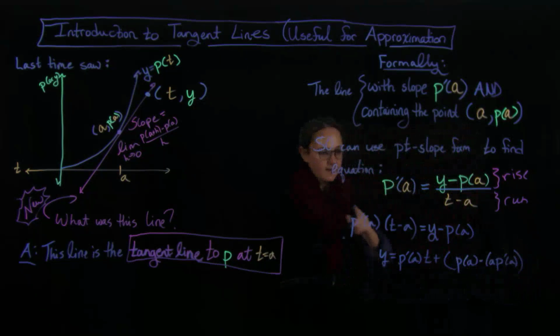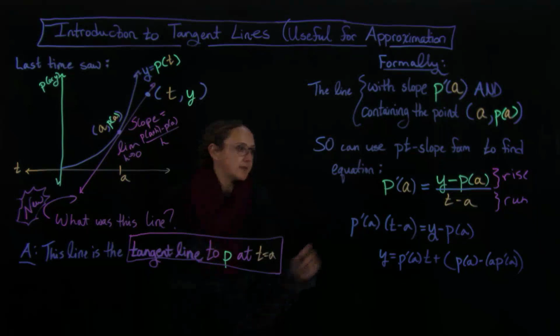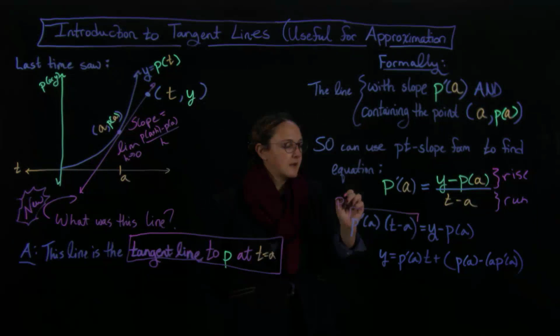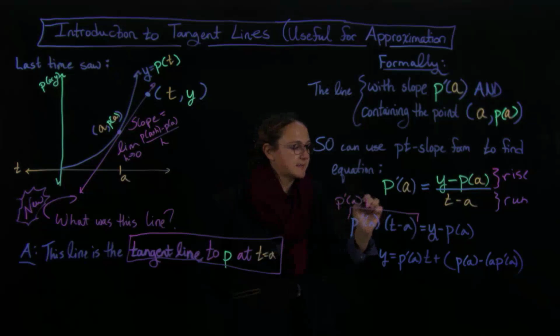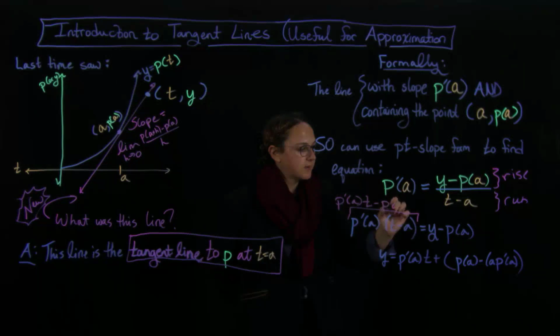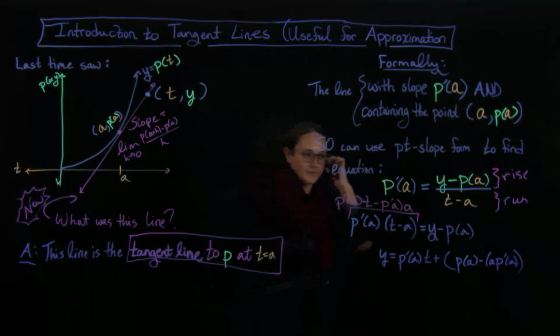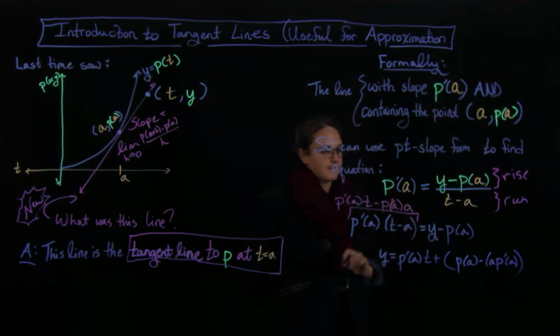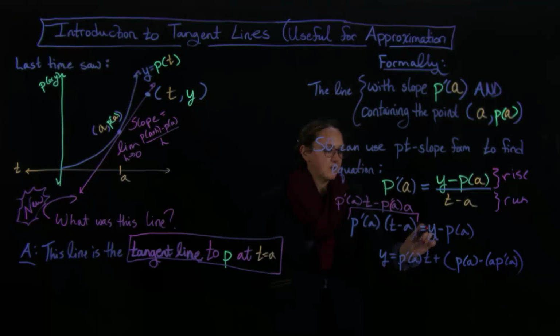Okay, and maybe actually I can put a little bit of steps in here. Let's distribute this out. So I get p prime of a times t minus p prime of a times a, the minus coming from there. So when I'm trying to isolate y, which is what I'm doing, this stuff stays on the same side.